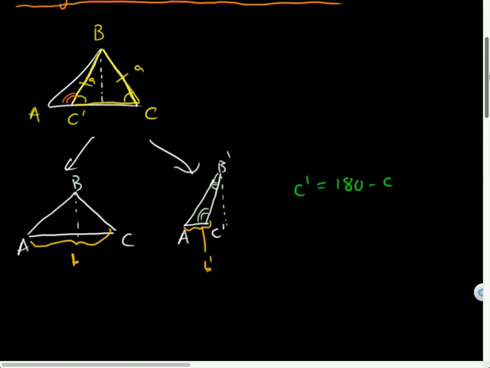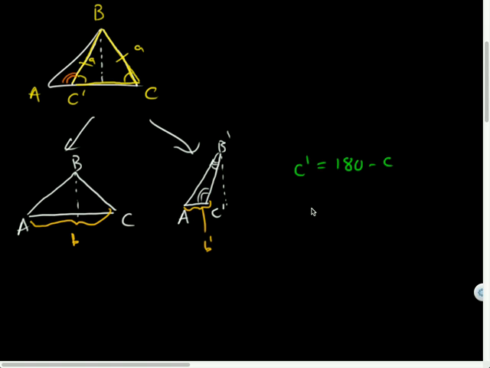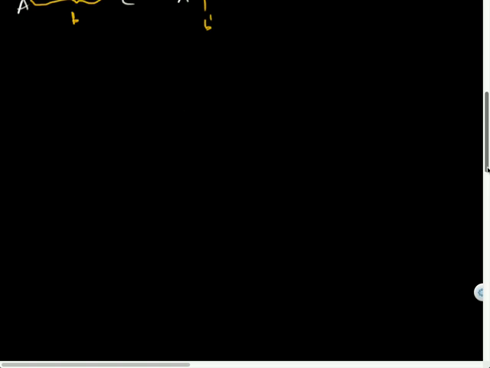Maybe the same thing for B. B prime would equal 180 minus A plus C prime. So you would end up having to re-find what B is depending on your new angle C. Because this is obtuse now, so this one's going to be a lot smaller. So those are the two new facts that we're going to use.